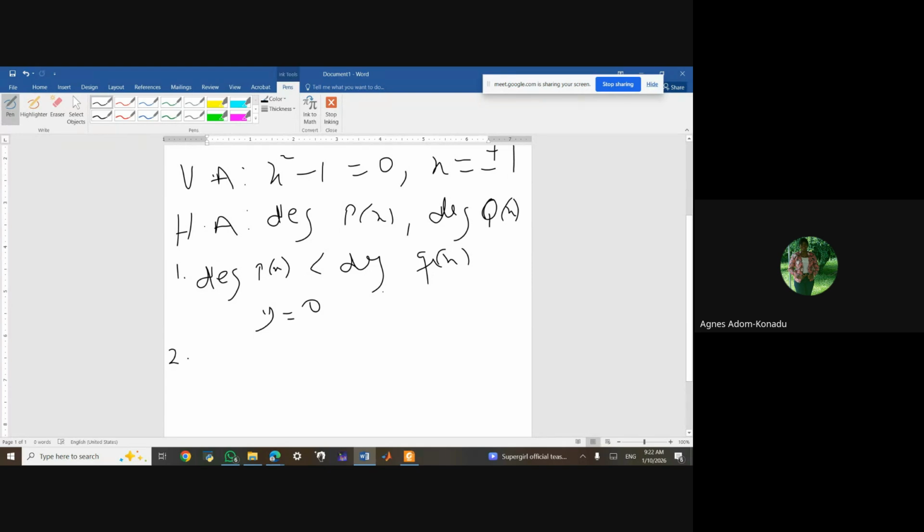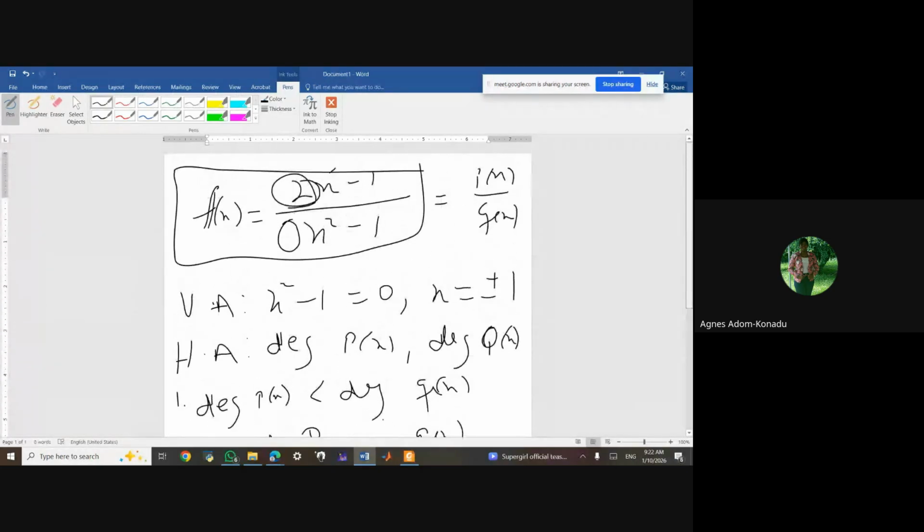The second case is you look at the degree of P of x and then the degree of Q of x. If the degree of P of x is equal to the degree of Q of x, then my horizontal asymptote will be the line given by the leading coefficients. Let's assume P of x is a sub n x to the power n, divided by b sub n x to the power n, something.